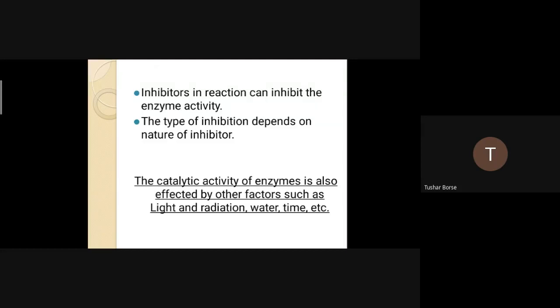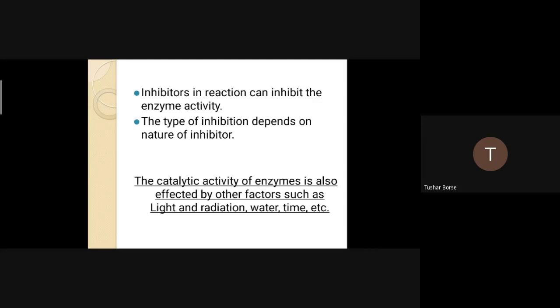The second type is the uncompetitive. In an uncompetitive inhibitor, the substrate can normally bind to the active site of the enzyme. This inhibitor is not competitive, and thus it does not have any effect on the binding of enzyme and substrate.